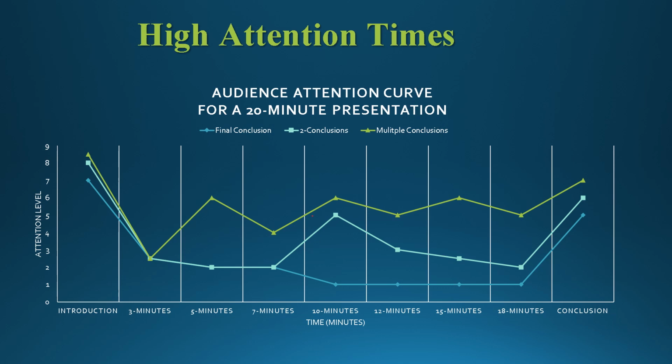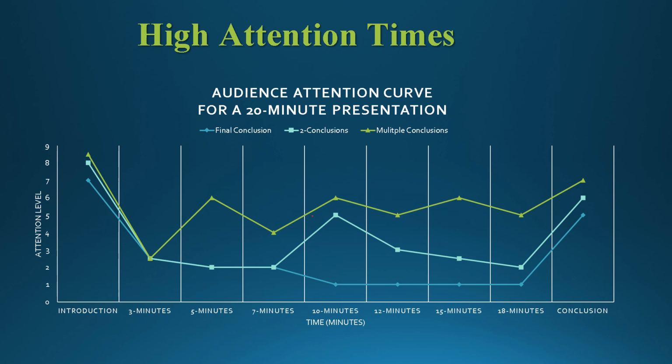Now, our recommendation is different. You'll see the same dramatic decline from the high point of 8 or 9 attention at the beginning. But you'll notice that we've got 3 intermediate conclusions, and the intermediate conclusions are very important.